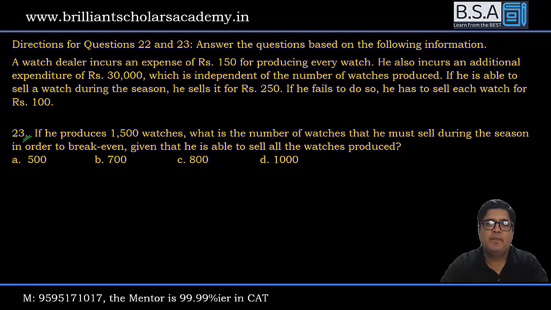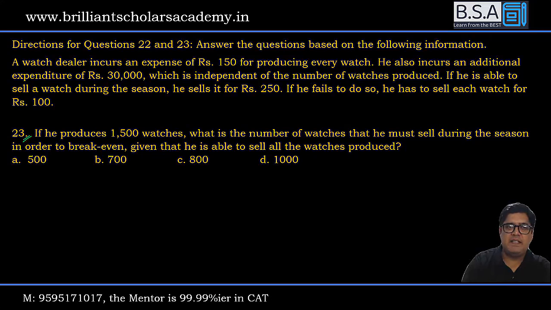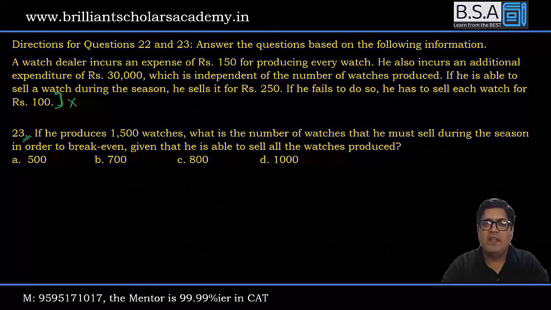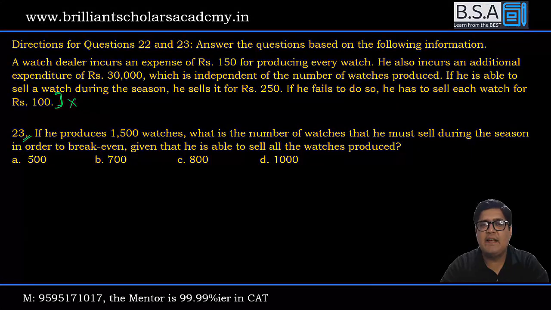Try this. The first part is same. Up to this point, the caselet information is same. You don't have to read this. If he produces 1500 watches, what is the number of watches he must sell during season in order to break even, given that he is able to sell all watches produced?